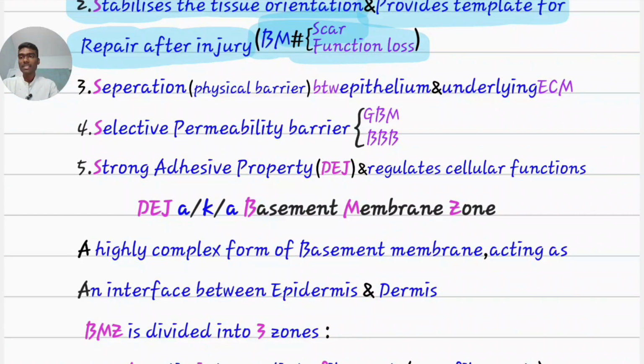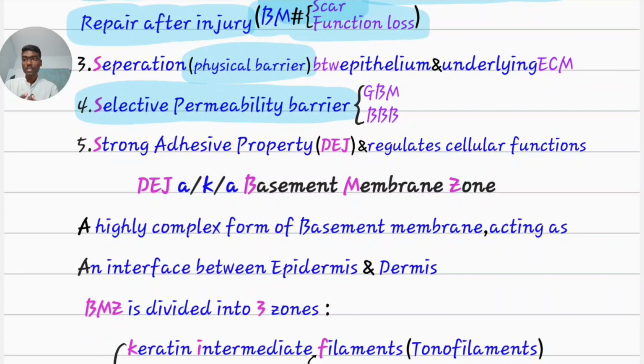Next, it acts as a physical barrier, separating the epithelium from the underlying extracellular matrix. It also acts as a selective permeability barrier. For example, in the kidneys, the glomerular basement membrane: if it is defective, it will no longer perform its natural selective permeability function, like removing toxins from the blood and excreting them via urine.